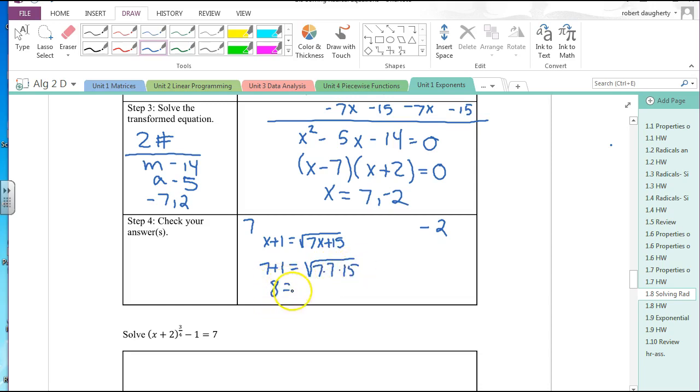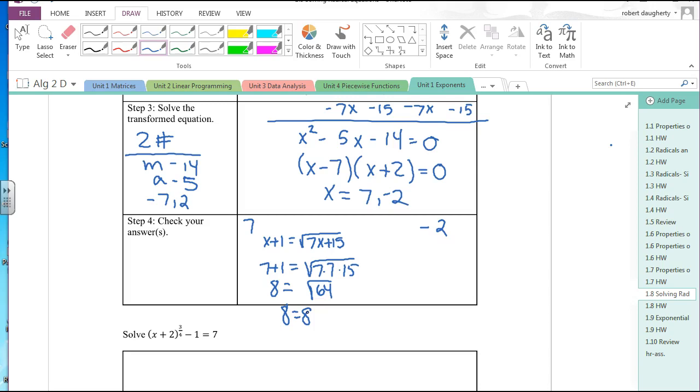So 8 is equal to, what's 7 times 7? 49. 49 plus 15 is 64. So this is the square root of 64. What's the square root of 64? That's 8. 8 equals 8. Is that true? Yes. Okay.